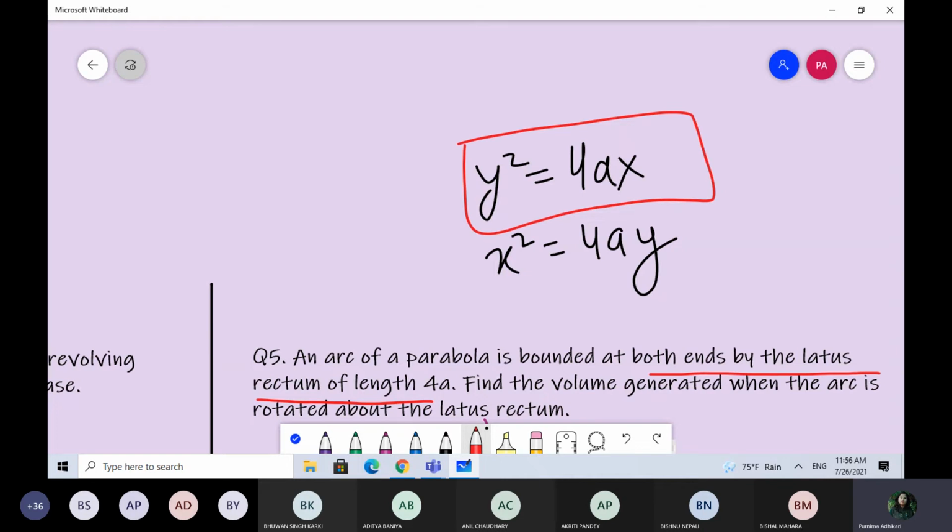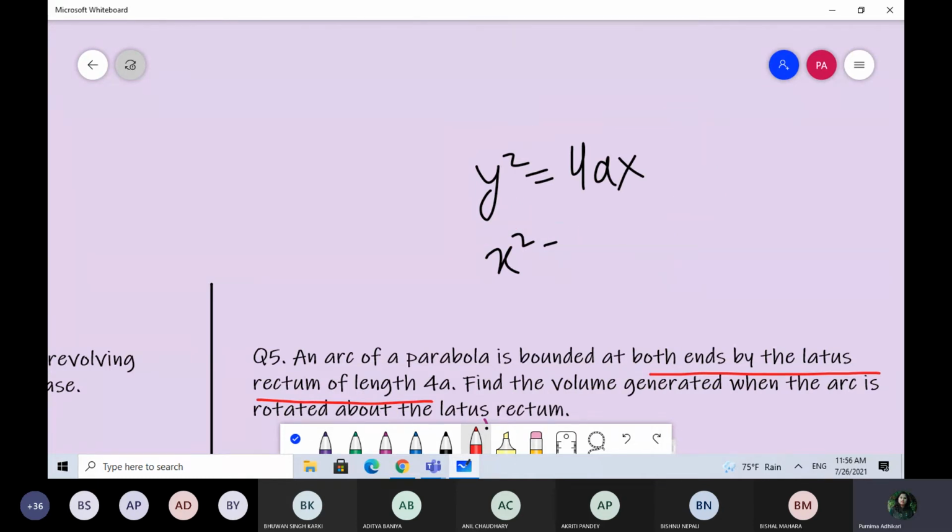Because if you take the other equation, our scenario becomes totally different, and you would have to generate the formula yourself and use your brain. I want you to put a little stress on your brain. That's why I'm using this equation. We are used to this equation a lot. So let's go for it.